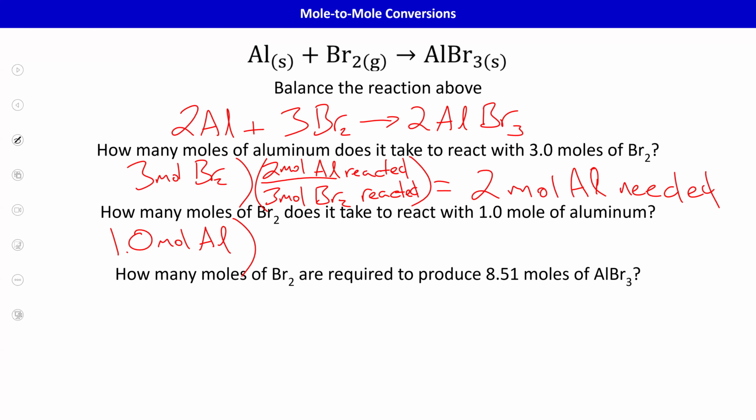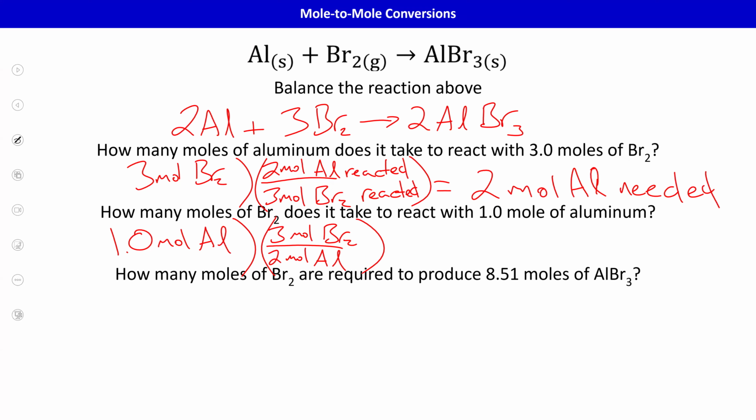If I want moles of aluminum to cancel out, I'm gonna start by saying, okay, 2 moles of aluminum goes on bottom. And whatever I'm trying to convert it to goes on top. I want moles of bromine, so I find my moles of bromine, it's got a 3 in front of it, 3 moles.